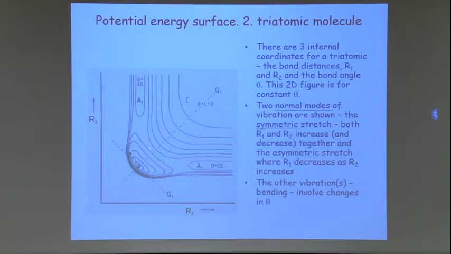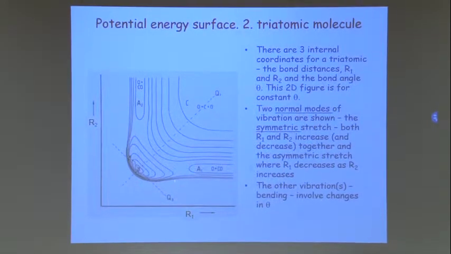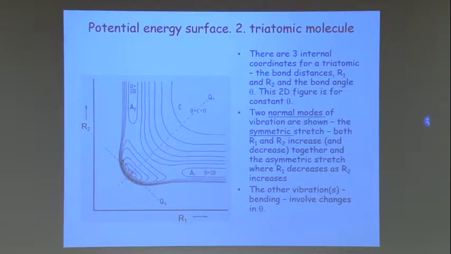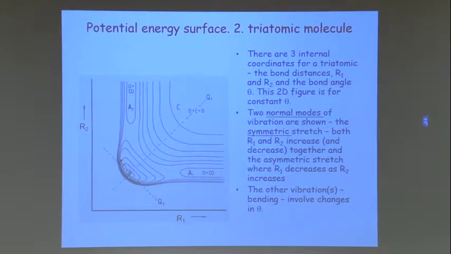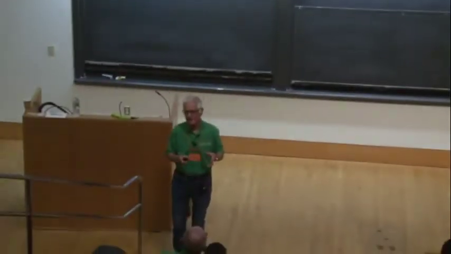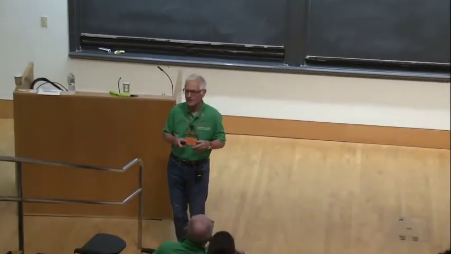And what we said was there's a potential well here. And at equilibrium, CO2 sits at the bottom of the well. And if you move in either direction here, along these dotted lines, then the energy increases in either direction. In other words, there's a restoring force taking CO2 back to its equilibrium position in a classical sense.